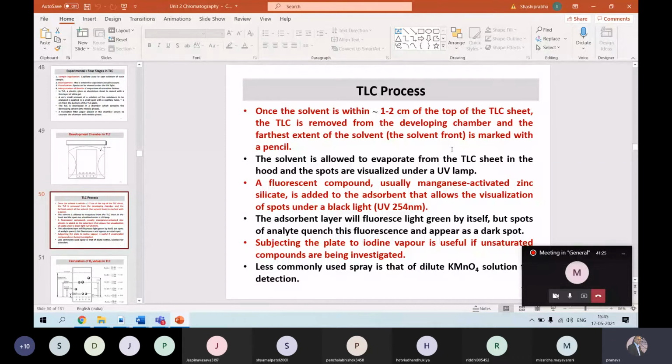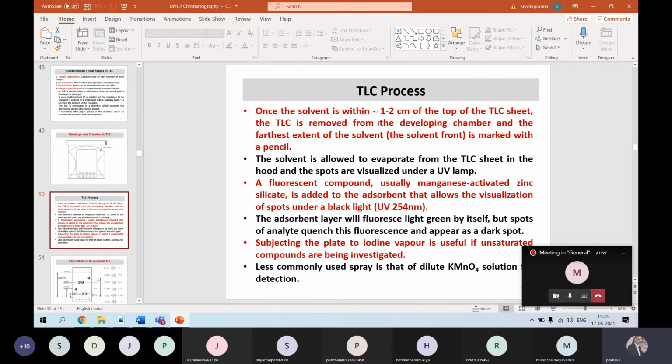Once you have spotted and put it in your development chamber, you allow the solvent to run through the length of your TLC plate, and then 1 or 2 centimeters from the top you stop, you remove it, you dry the plates, and then you visualize it.